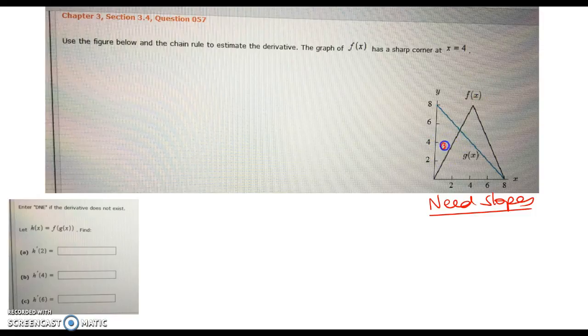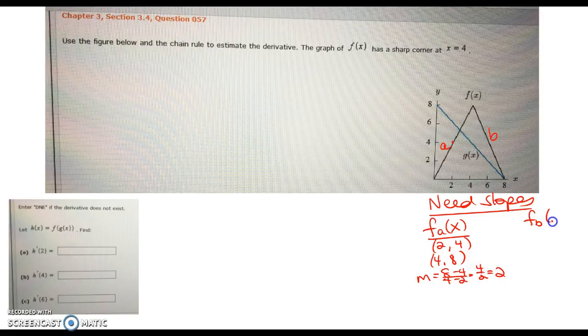So for f of x, I'm going to call this part of the line A and that part of the line B. So if we look at the A part, I'm going to pick 2 points off the line: (2, 4) and (4, 8). I'm going to calculate the slope. So that's 8 minus 4 over 4 minus 2. So 4 over 2 equals 2.